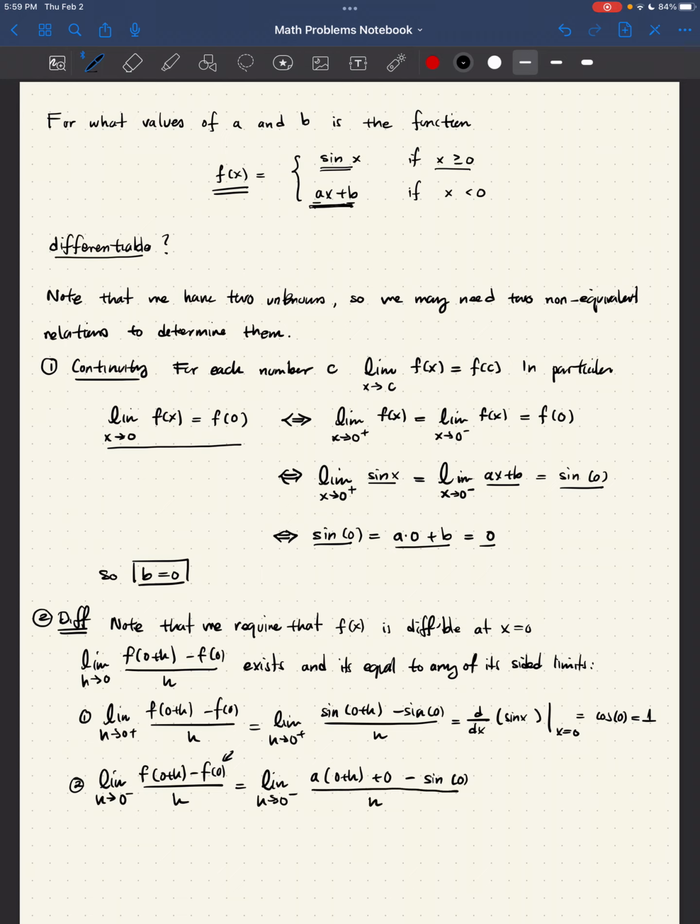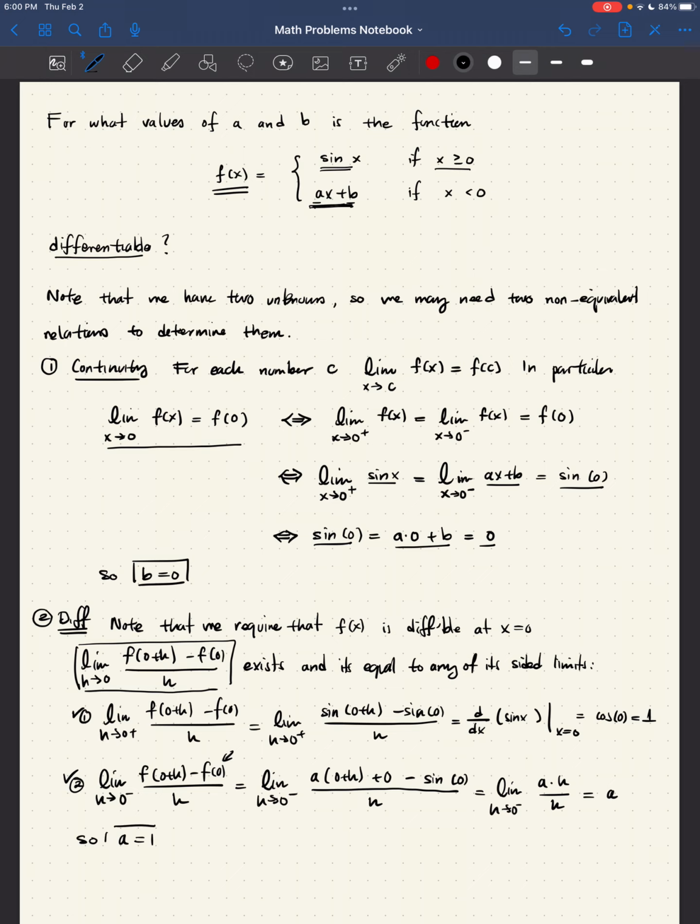But then, what happens? This says that this better be the limit as h tends to 0 from the left of a times h divided by h, which is nothing else but a itself. So since this limit that I'm boxing here should be equal to either of these two, we should have that a is equal to 1.